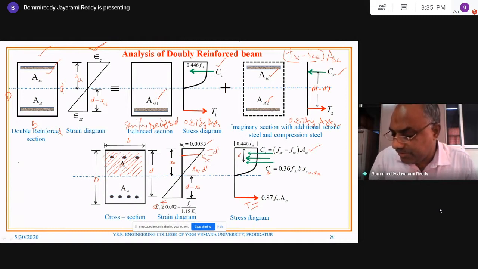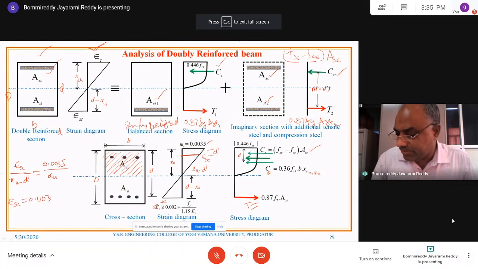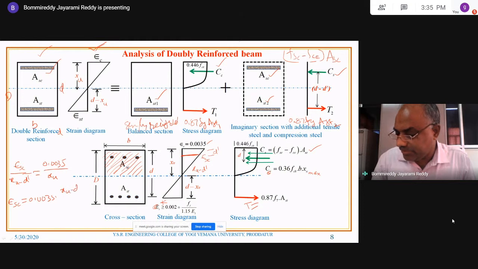ESC, the strain in steel, is this line divided by the vertical distance, XU minus D dash, which is equal to 0.0035 divided by XU. So the strain in compression steel is 0.0035 into (XU minus D dash) by XU. So this is the simple relation obtained from the strain diagram.